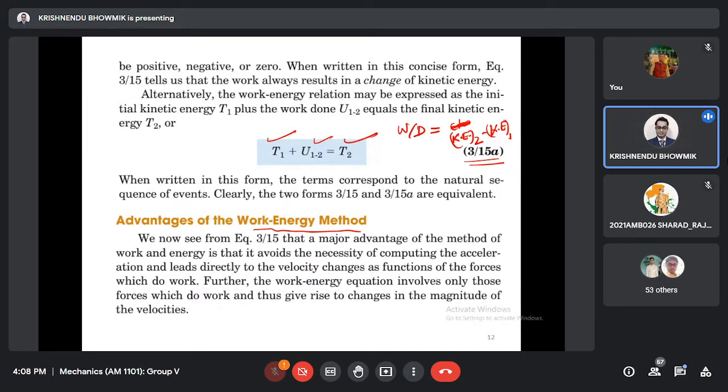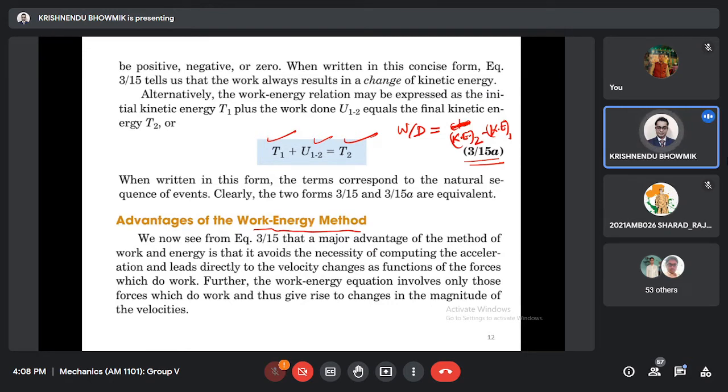If you are doing some work externally, that is, if you add some work to the system, then the kinetic energy will increase. That means KE2 will be higher than KE1. You don't need to go into details of the accelerations, time, or directions.